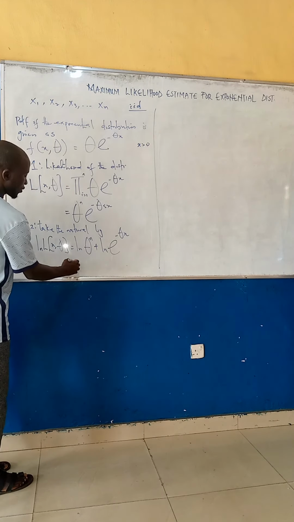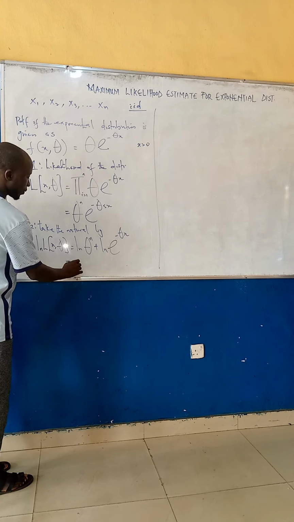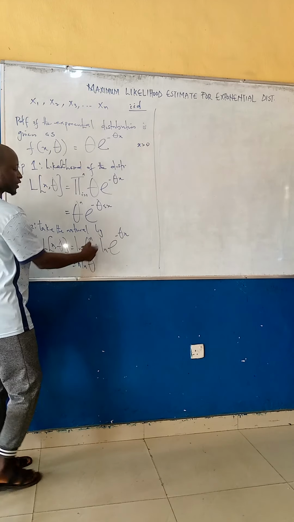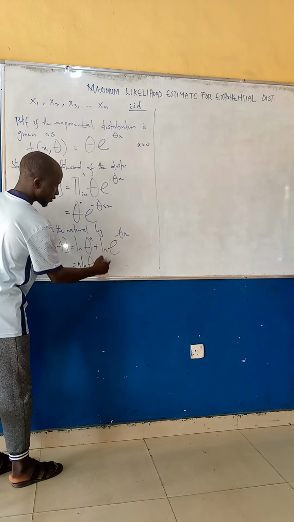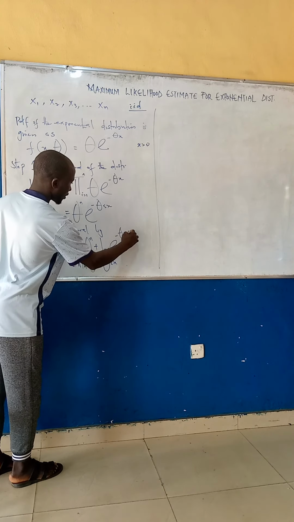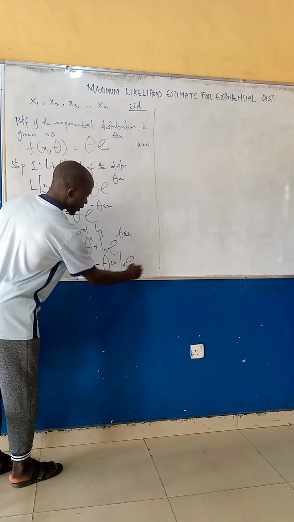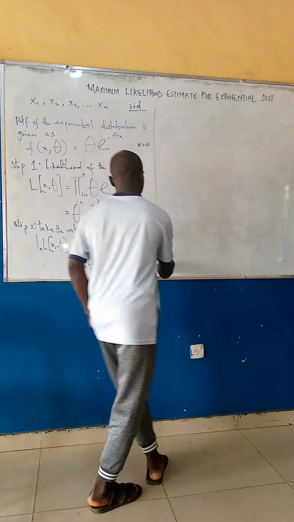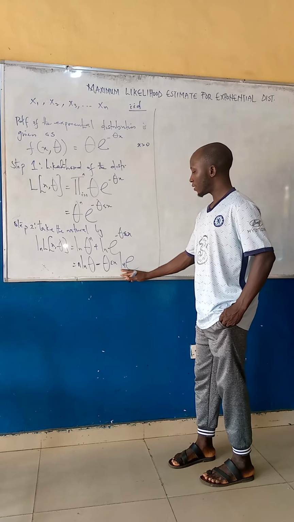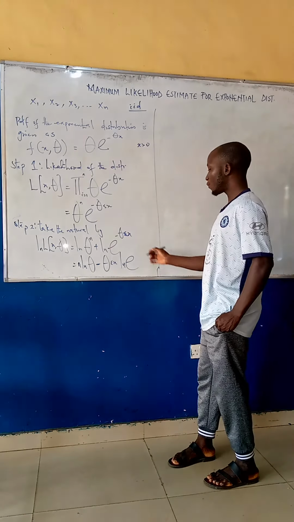And this is going to give us n ln θ, and plus and minus will give us minus θ summation x ln exp. Now, ln is the inverse of exponential, exponential is the inverse of ln.